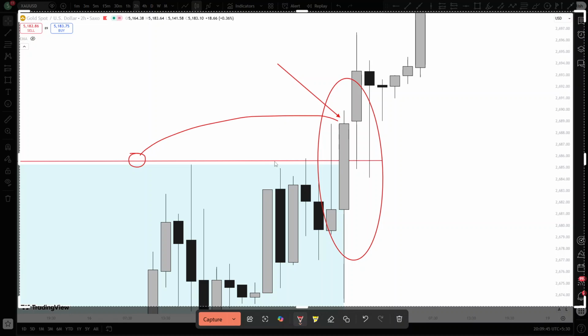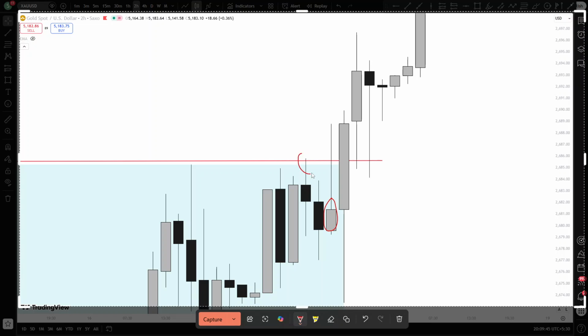This candlestick tried, but it failed to give us a proper break of structure. These candlesticks did not even touch. The moment we had this break of structure, the moment the market closed above, see how the price now had to move.